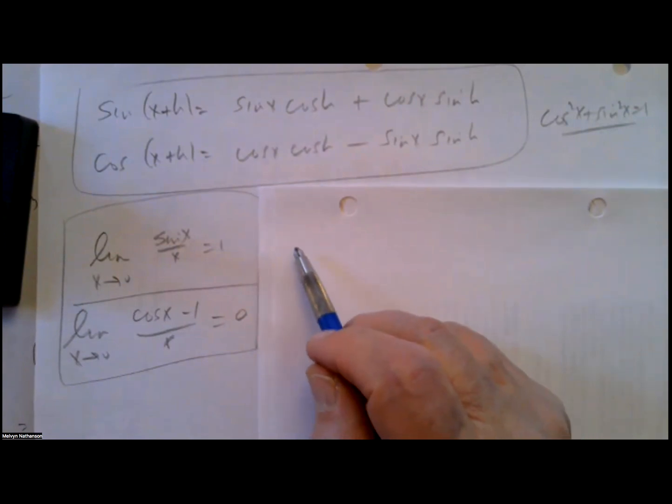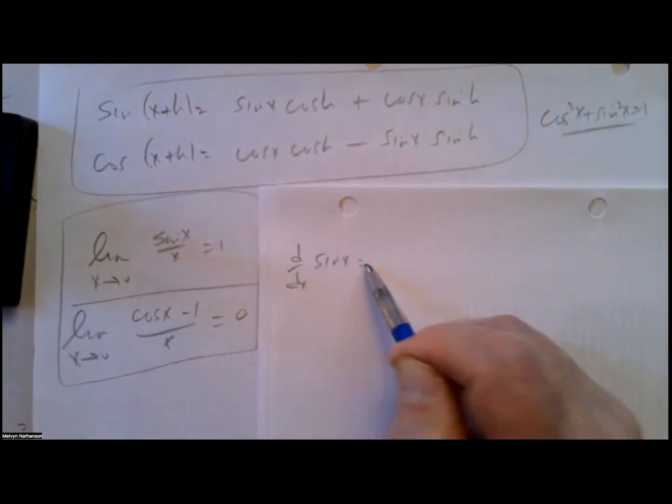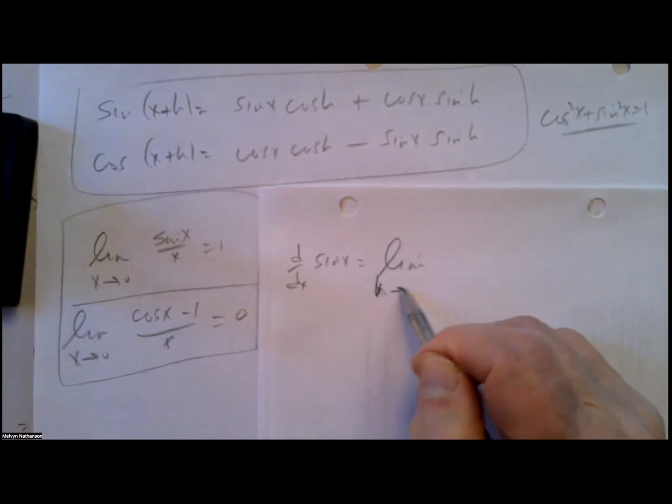So the derivative with respect to x of the sine of x is the limit as h goes to 0 of sine of x plus h minus sine x over h.